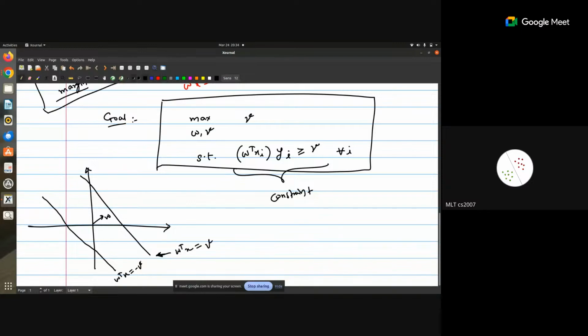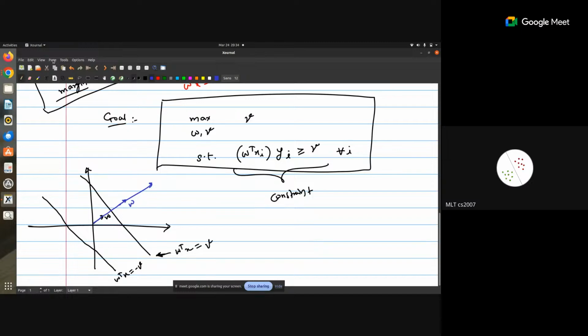These are the two parallel lines. Will this W be fine? Yes, sir. Any W which is on this line will satisfy this condition.